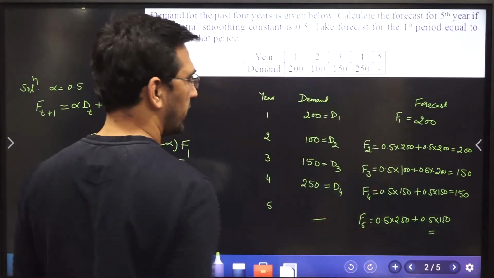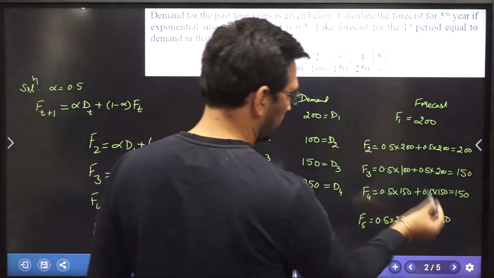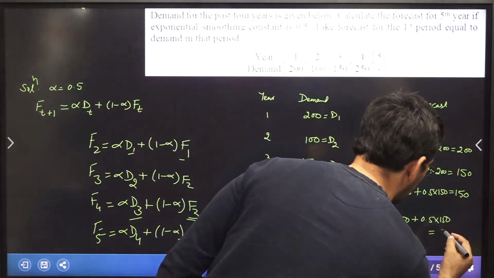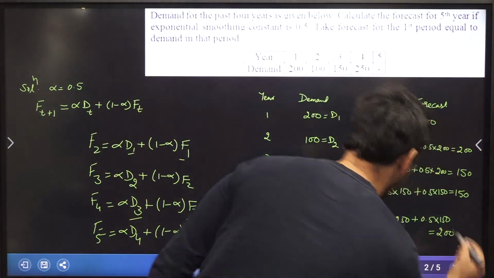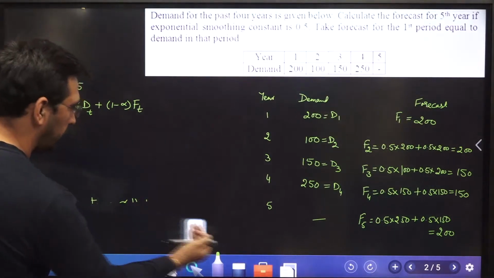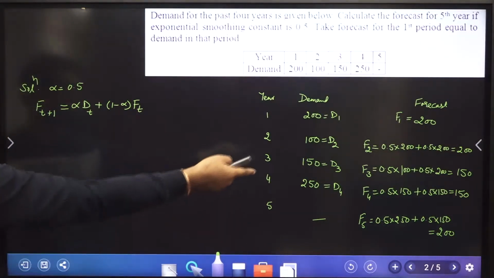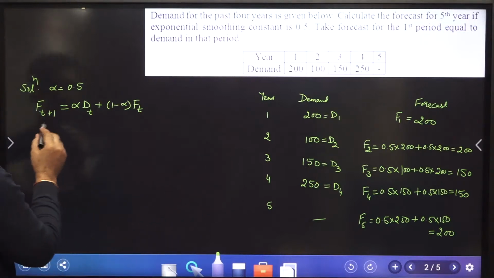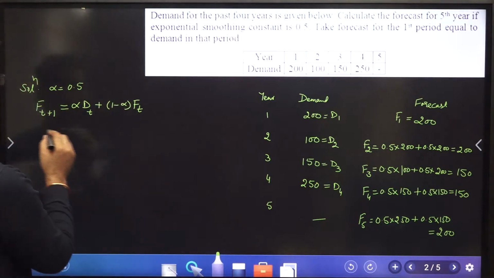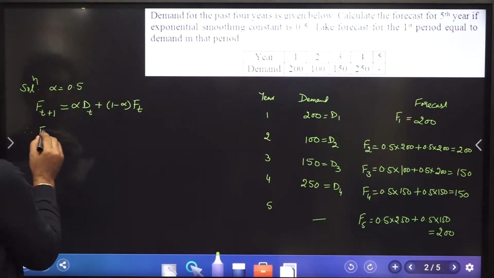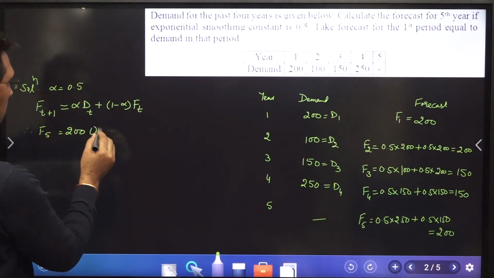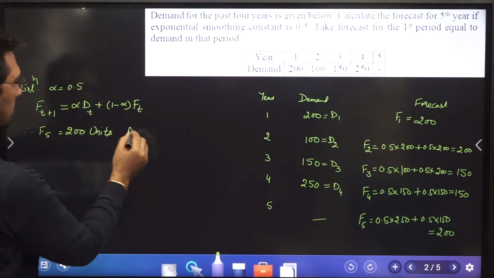So it will be 125, and half of 150 is 75, so 125 plus 75. This becomes 200. So that means forecast for the fifth period is equal to 200 units. That is going to be my answer.